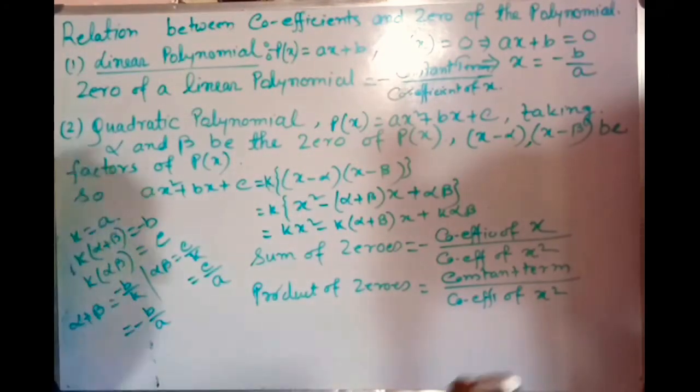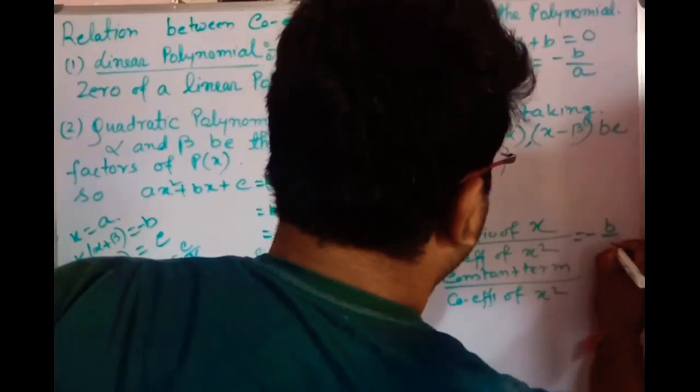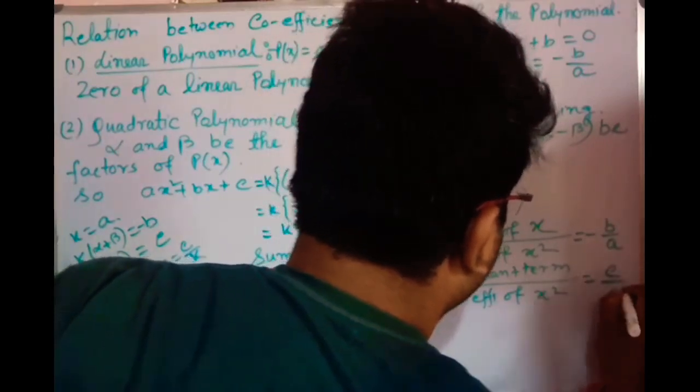That is minus b by a, and this is c by a.